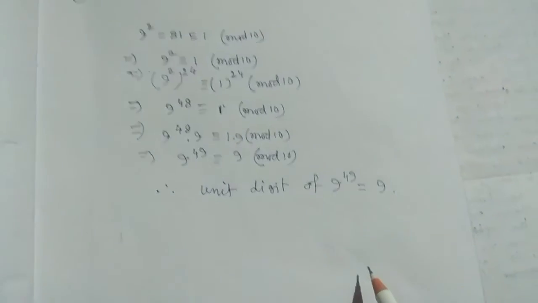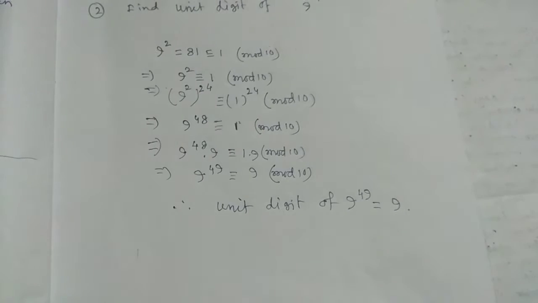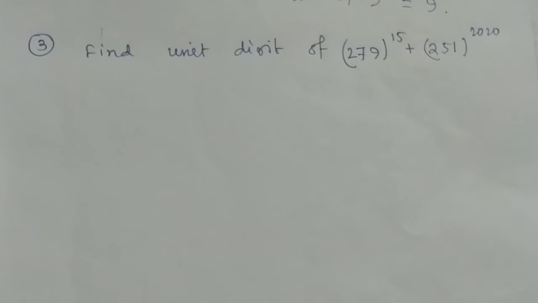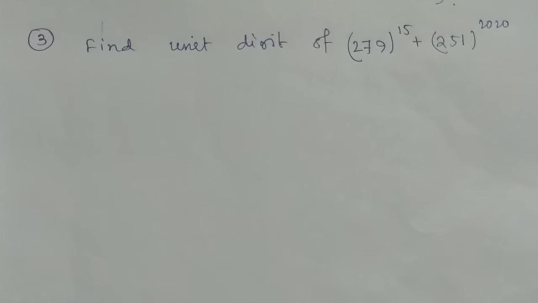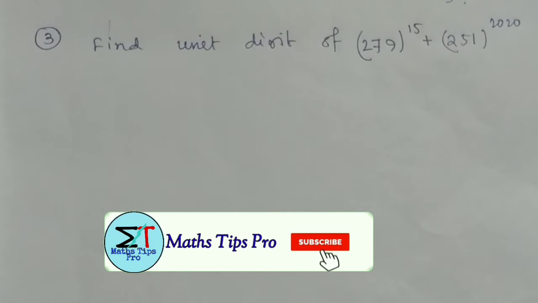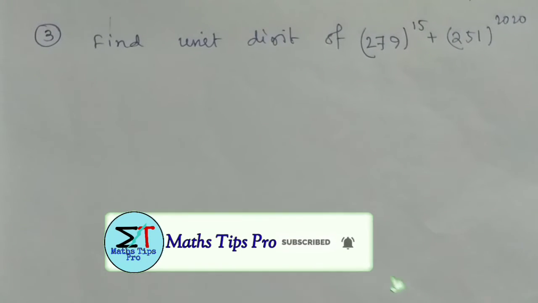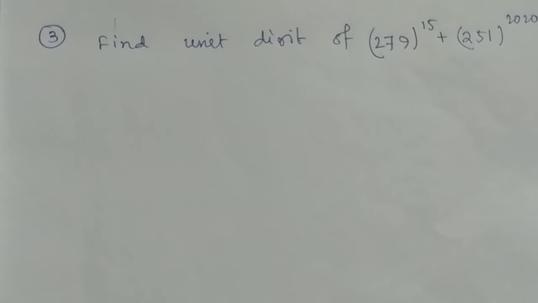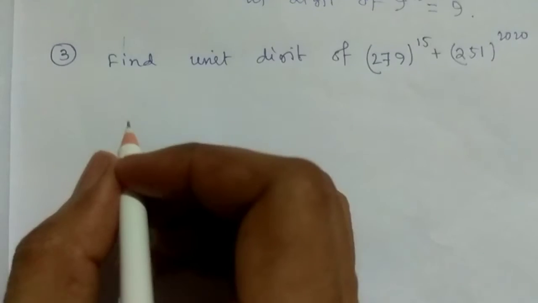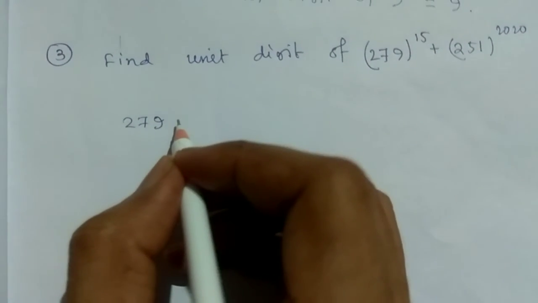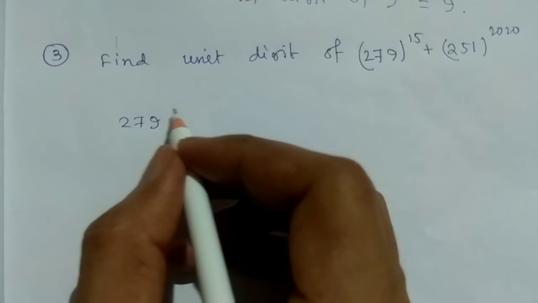This is the trick. Now suppose we have to find the unit digit of 279 to the power 15 plus 251 to the power 2020. For this problem we calculate individually. First we calculate the unit digit of 279 to the power 15.